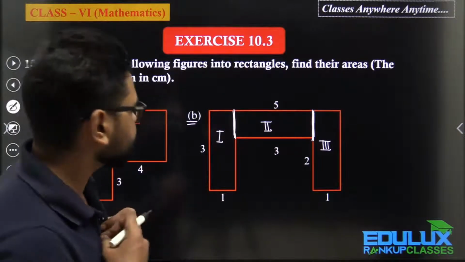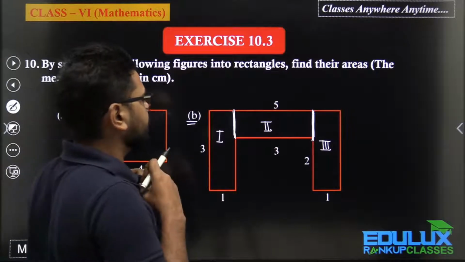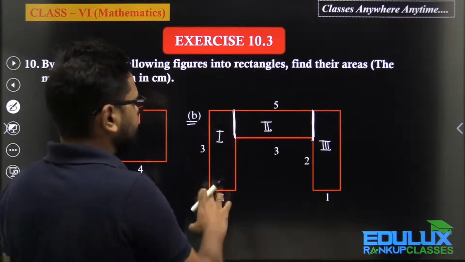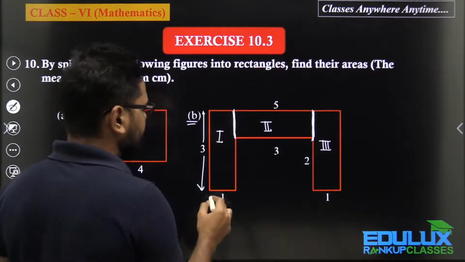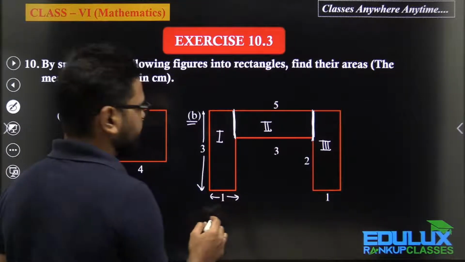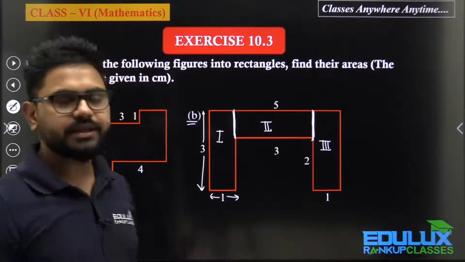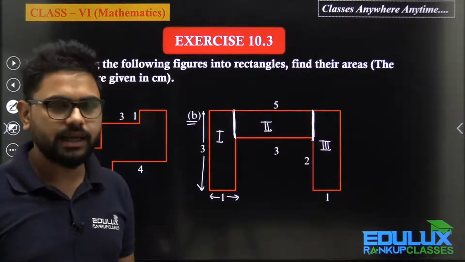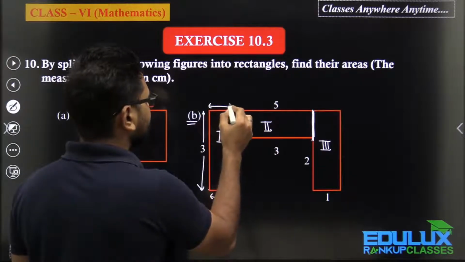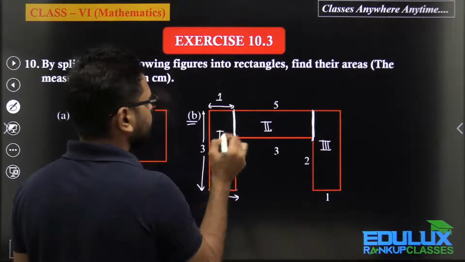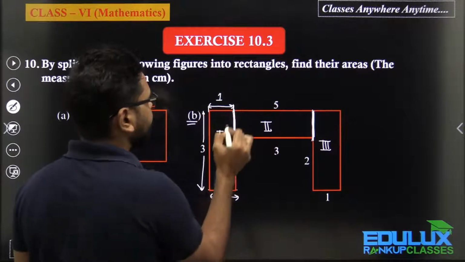You can see in this figure it is given that this complete length is given as 3 centimeter. This is given as 1 centimeter, and we know that in a rectangle the opposite sides are of equal length, है ना? So if this is 1 centimeter, this will be also equal to 1 centimeter. So from here to here this length is 1 centimeter.